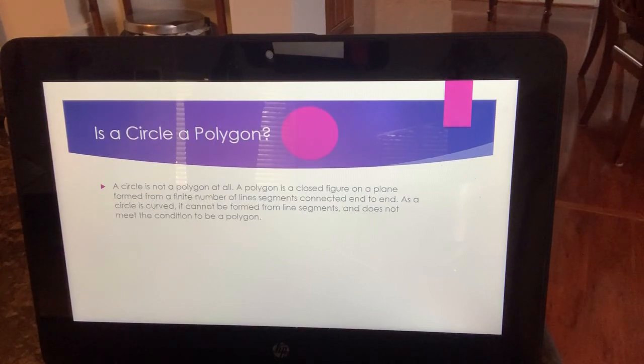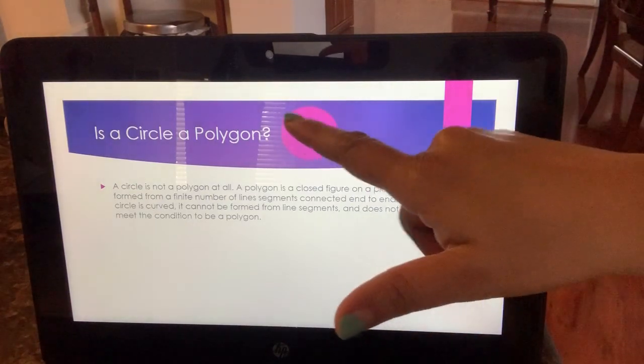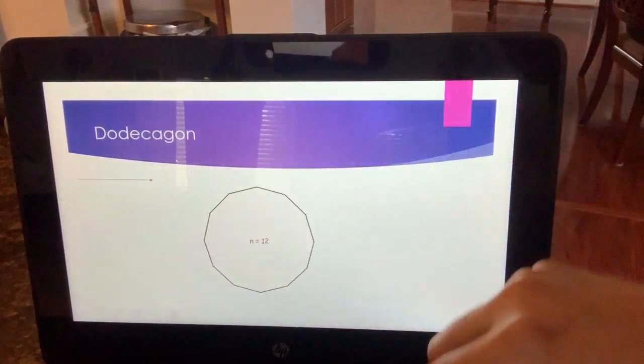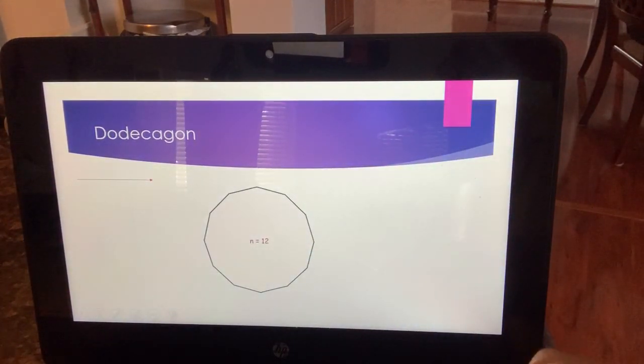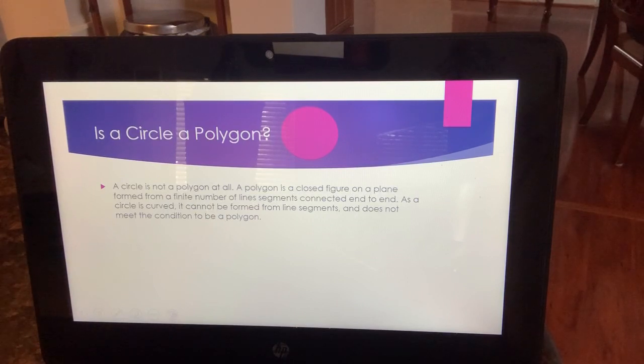Now, question for you. Is a circle a polygon? The answer to that is absolutely not. It is not at all a polygon because it is a closed figure, yes, but it's formed by curves, not line segments. It's not connected by line segments. A circle is curved. It does not meet the conditions to be a polygon.